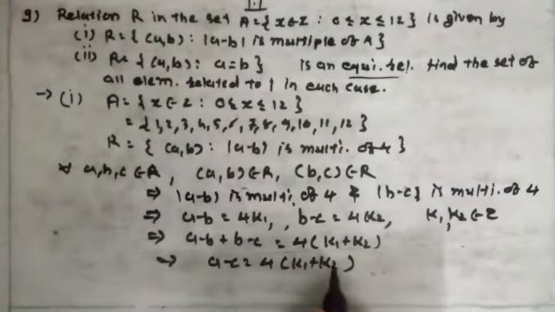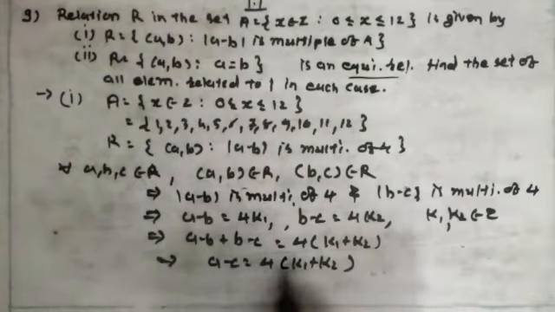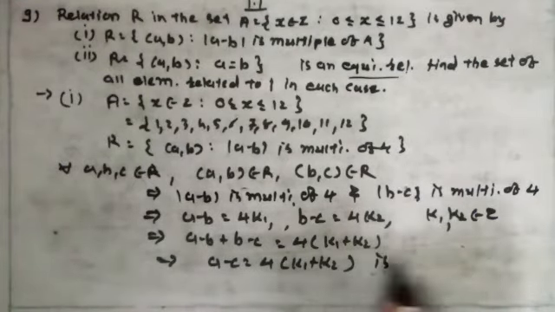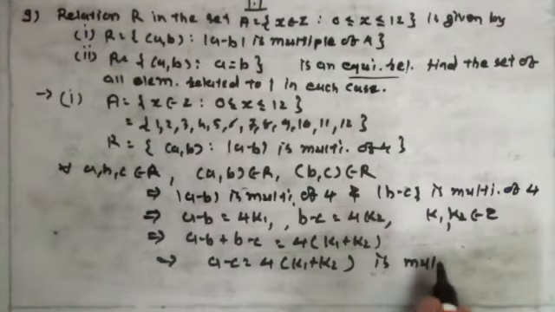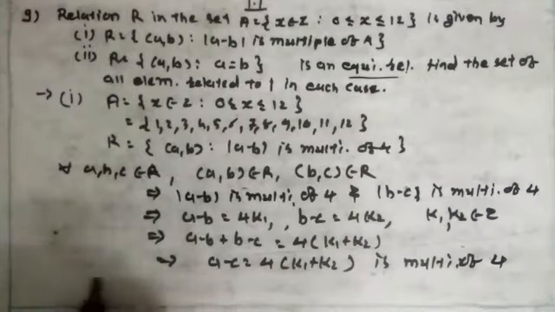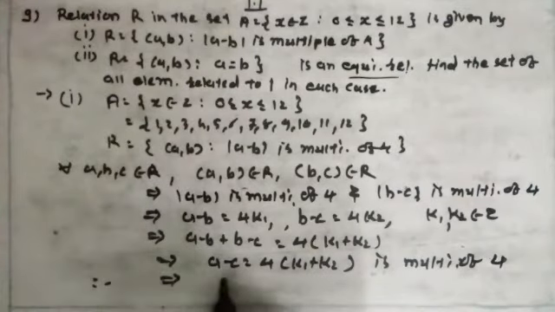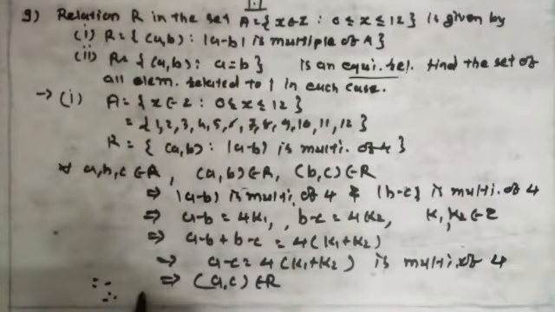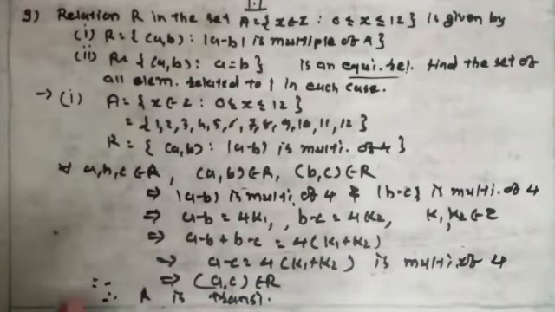Here k1 + k2 is any integer, so this number is a multiple of 4. Clear? Therefore, (a, c) belongs to R. Therefore, R is transitive. Clear this?